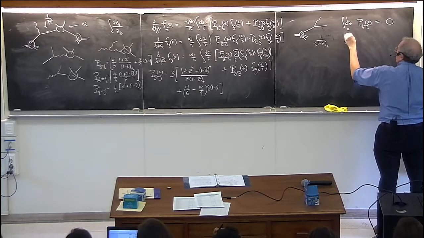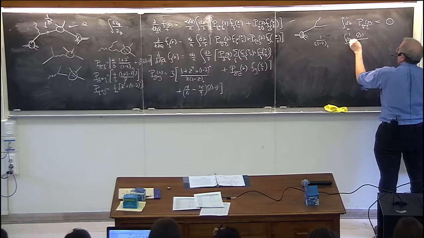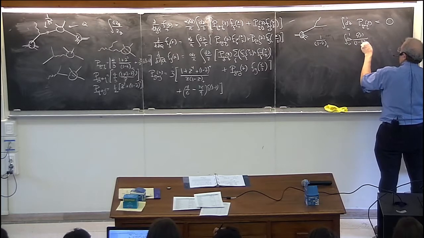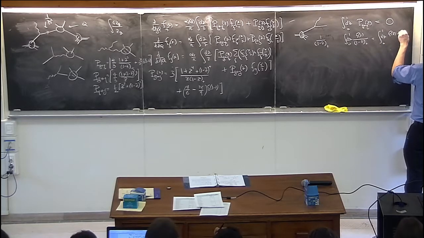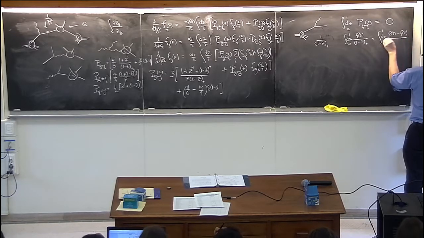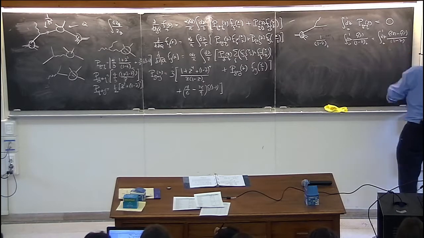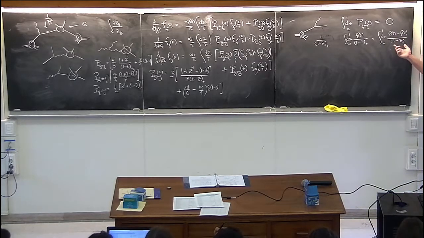The integral dz from 0 to 1 of f of z over 1 minus z plus is equal to the integral dz from 0 to 1 of f of z minus f of 1 divided by 1 minus z.